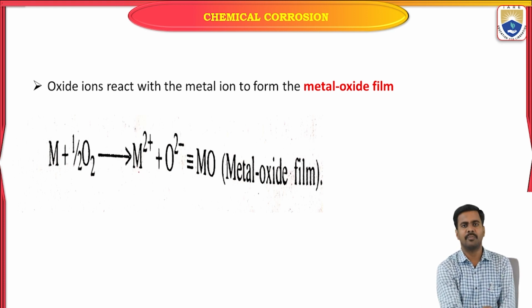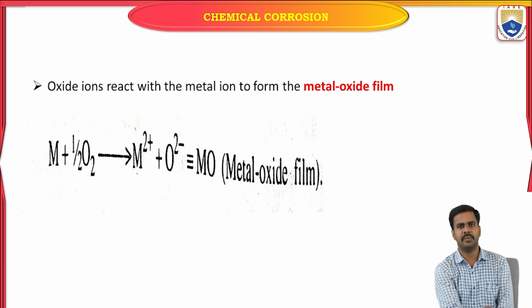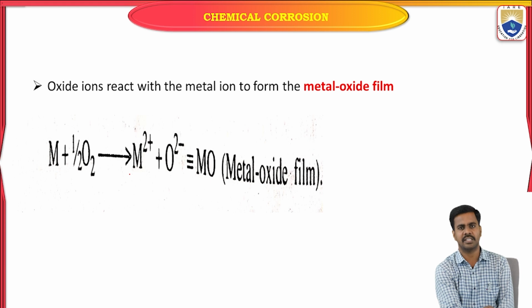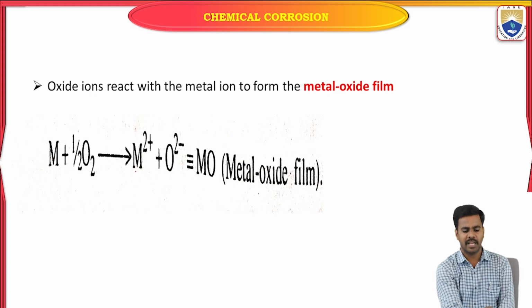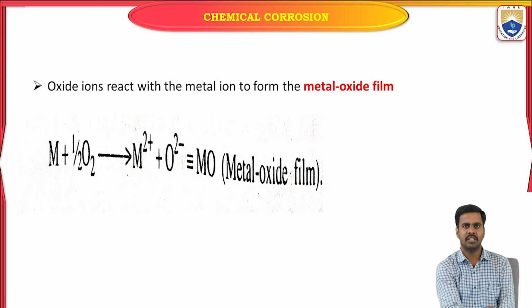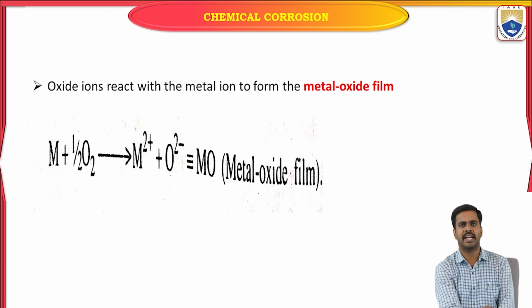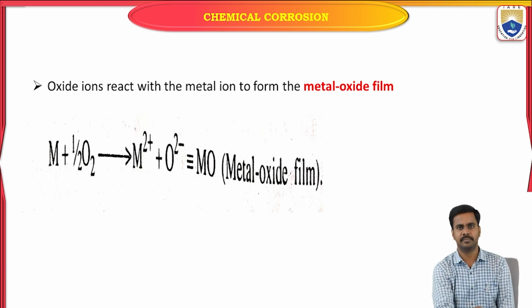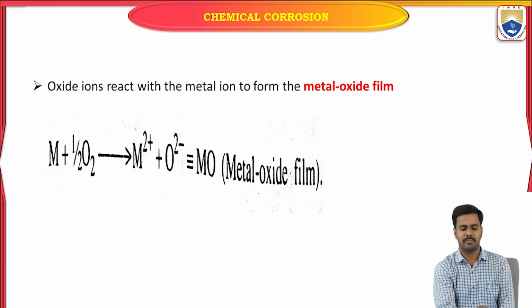The metal ion is formed in the first step due to the addition of oxygen to the metal. Next, oxygen is converted into oxide ion by the transfer of electrons from the metal to oxygen. In the next step, the metal ion and oxide ion combine to form the metal oxide film.